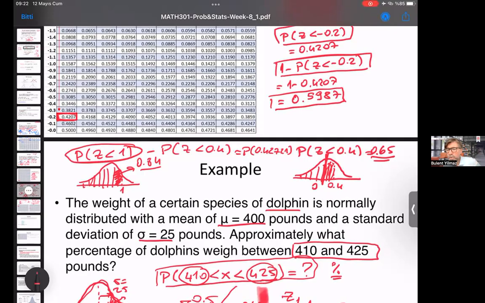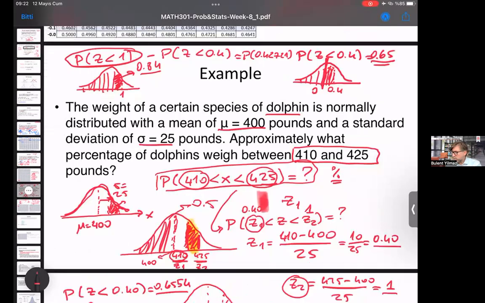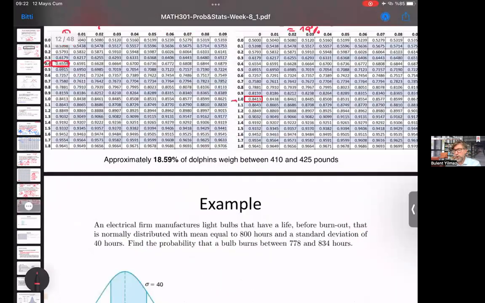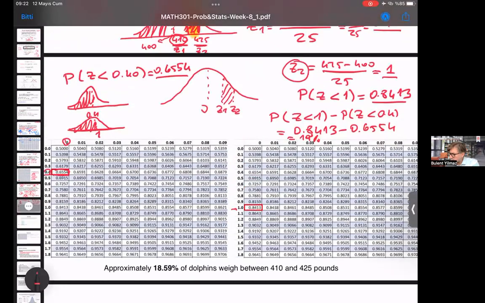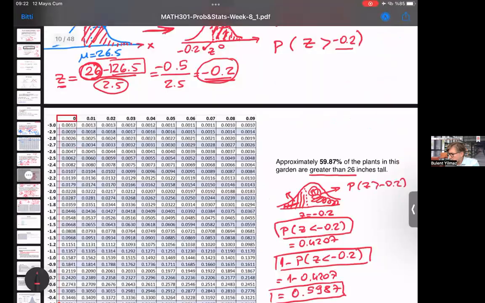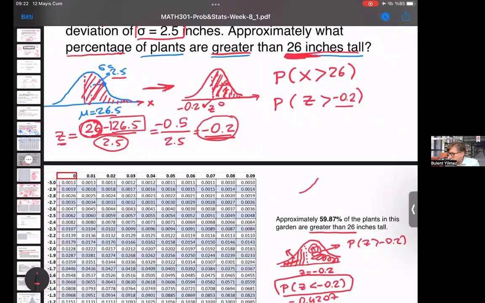While finding, hocam, will we not write z greater than z1 while finding the probability? Yes. For example, what I understand from your question, Emirhan. For example, I have this distribution, and 0.4 is here, and it's being asked z greater than 0.4.